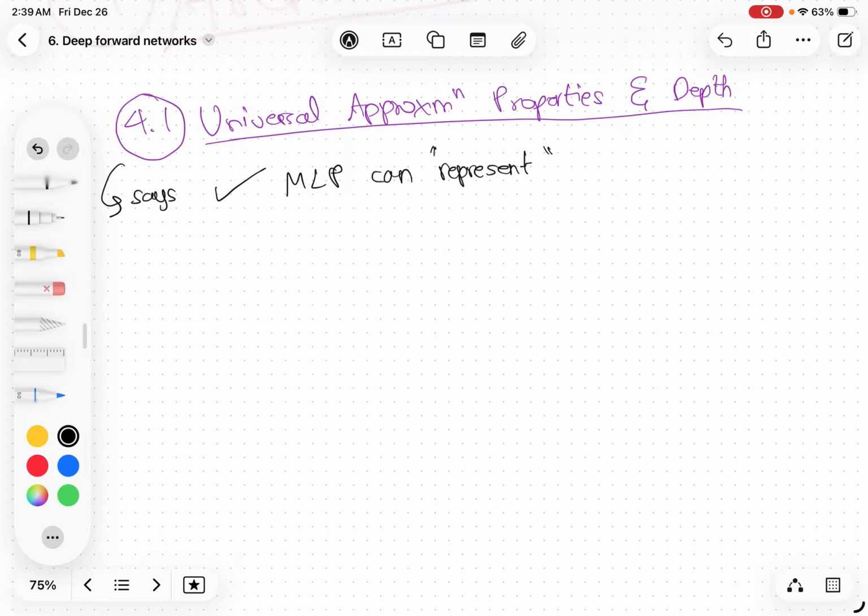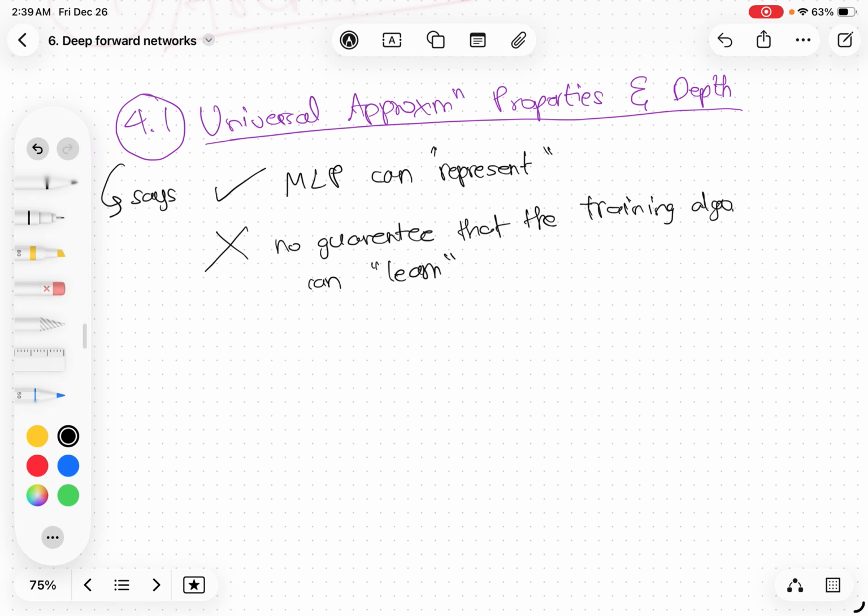It doesn't guarantee that the training algorithm can learn it. So even if the MLP is able to represent the function, learning can fail for many reasons.